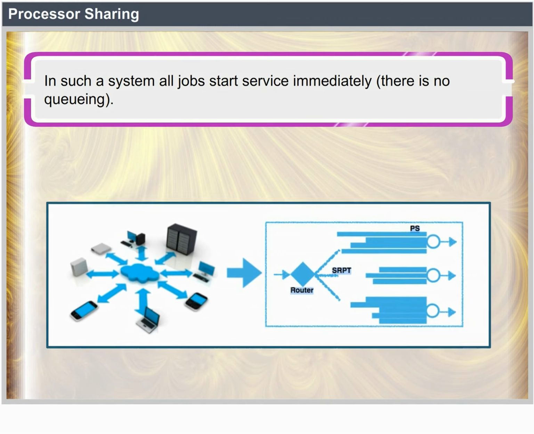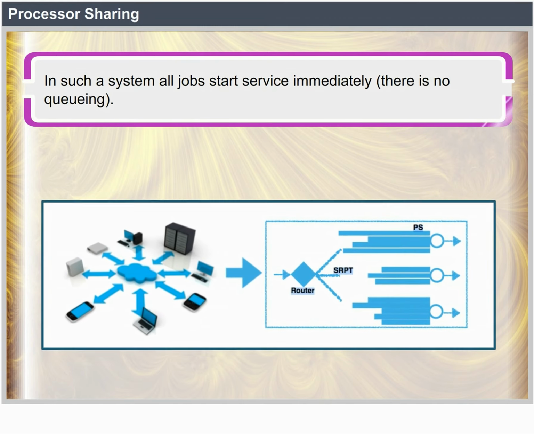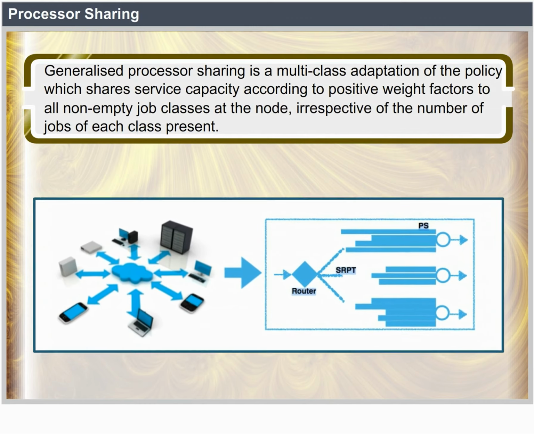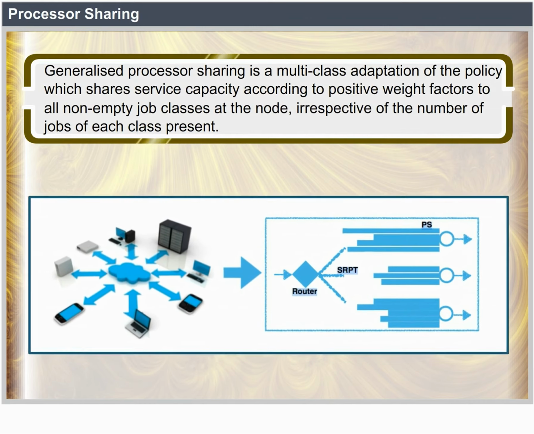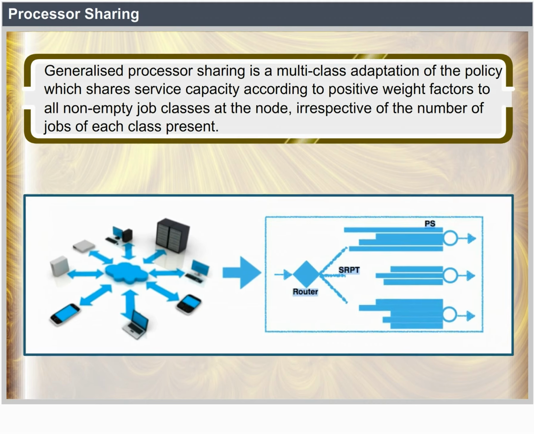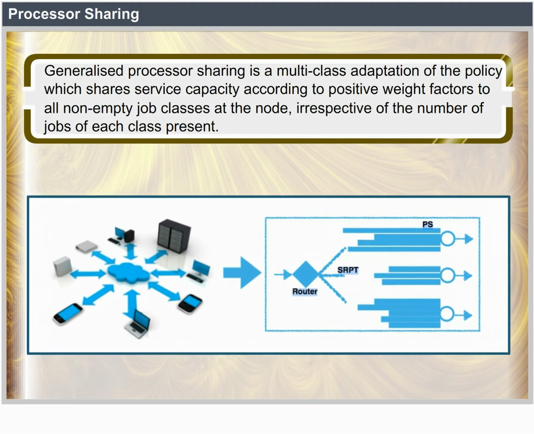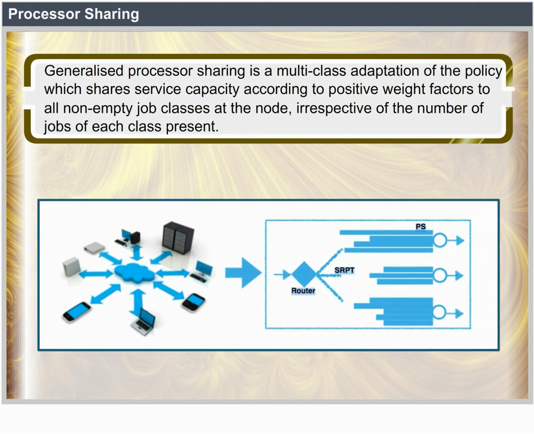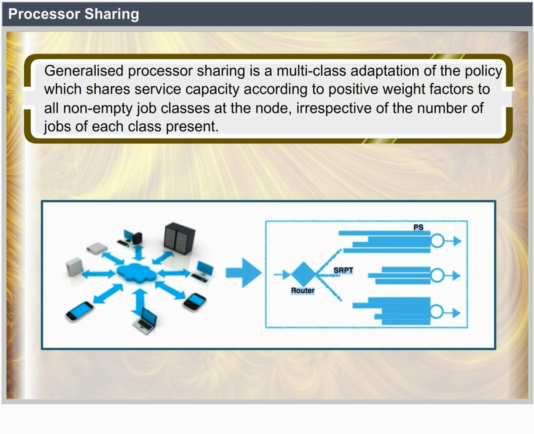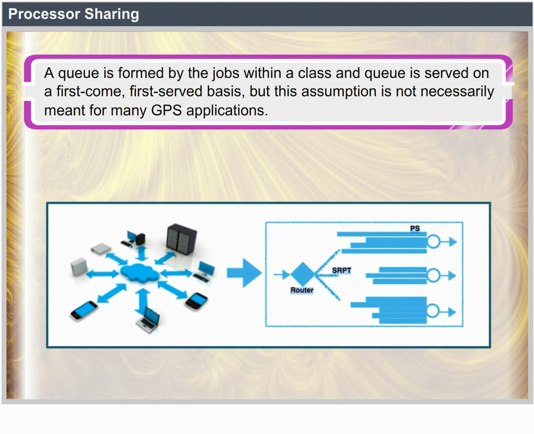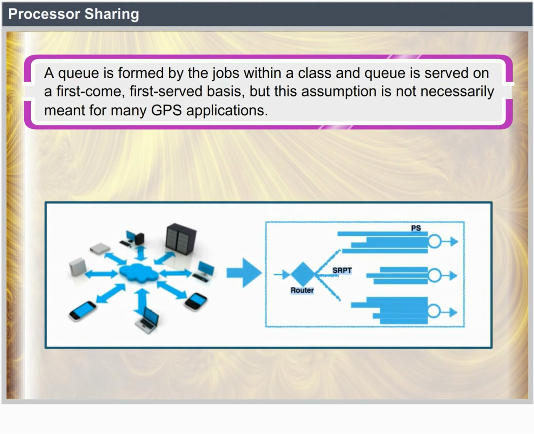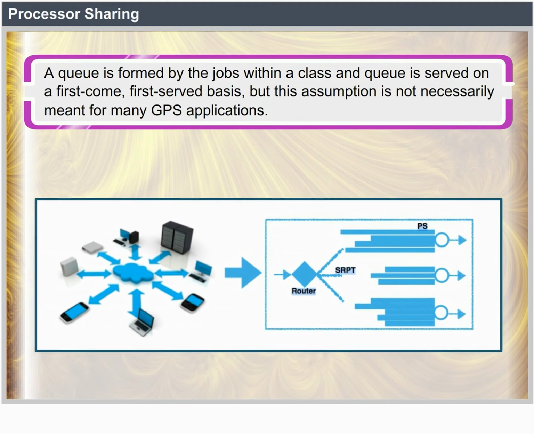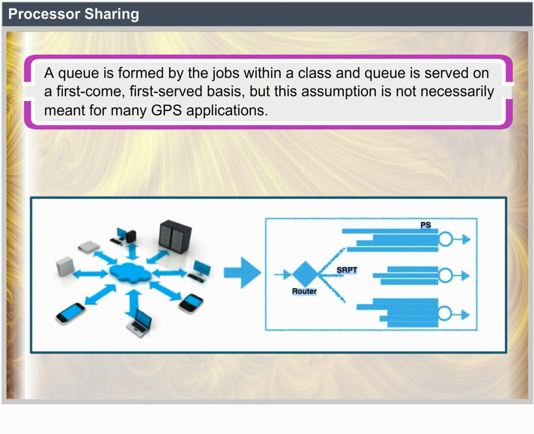Generalized processor sharing is a multi-class adaptation of the policy which shares service capacity according to positive weight factors to all non-empty job classes at the node, irrespective of the number of jobs of each class present. The jobs within a class form a queue, and that queue is served on a first come, first served basis, but this assumption is not necessary for many GPS applications.